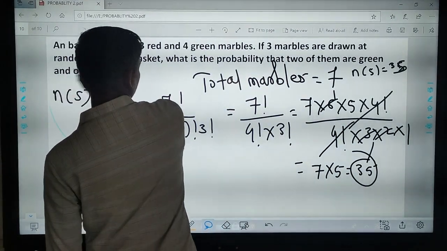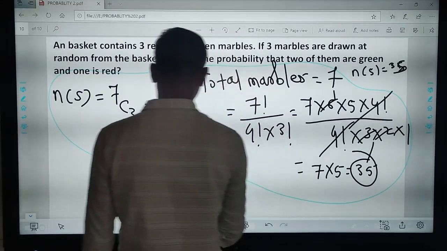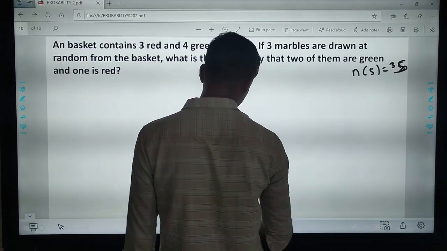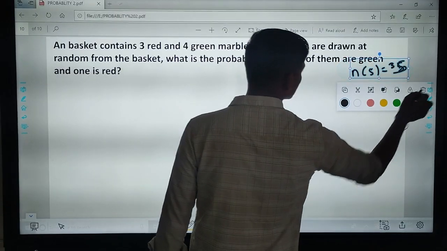Now we find n of A. Here n of S is equal to 35.